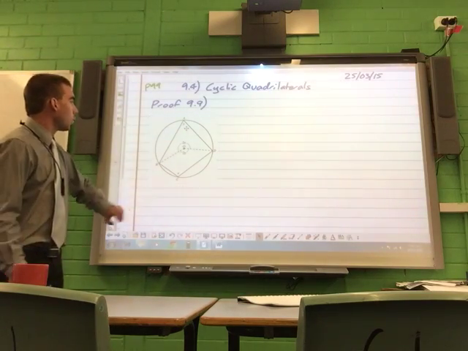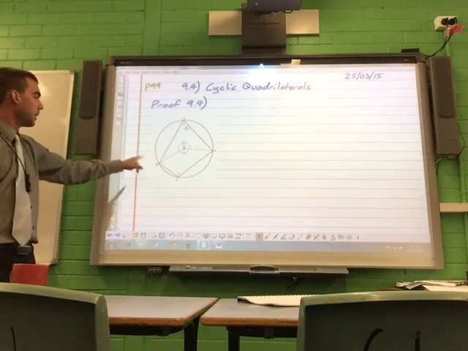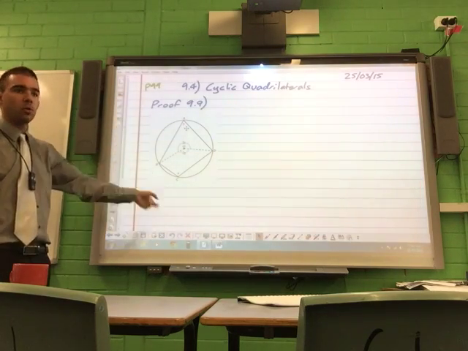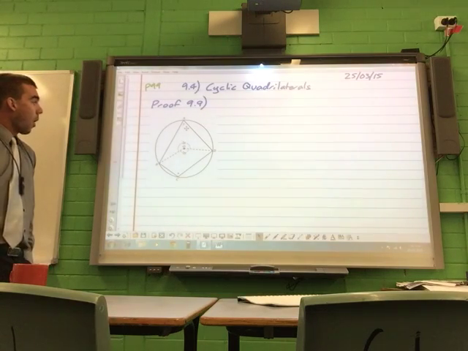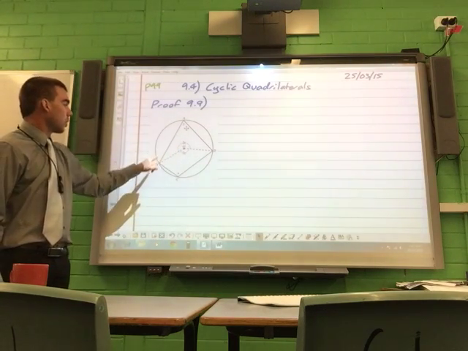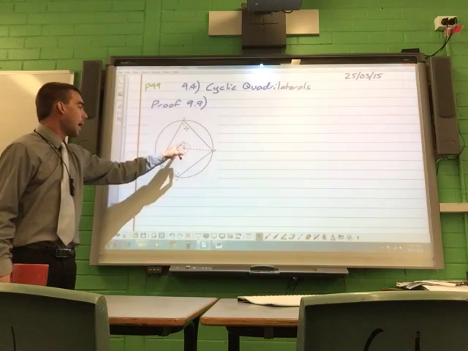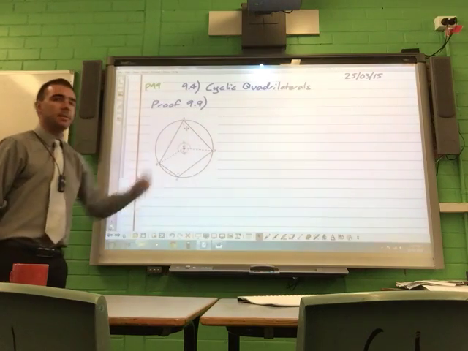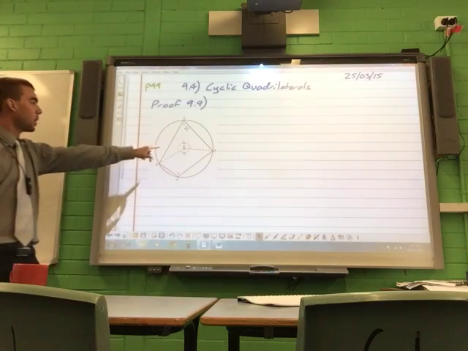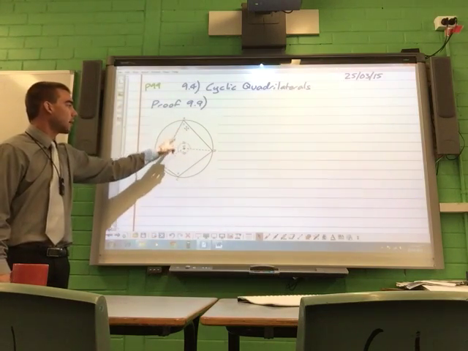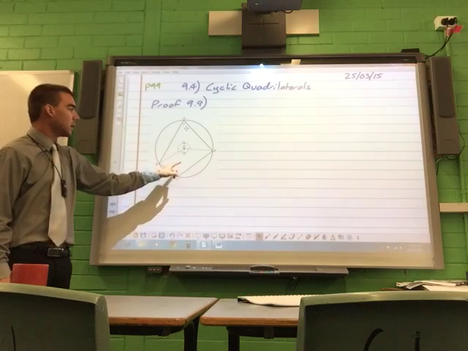Okay, so we have a cyclic quadrilateral A, B, C, D, because they're points that lie on the circumference of the same circle. We've got the centre point of the circle, and we've joined the intervals BO and OD. From a previous property, if we had the angle here 2x, then we had the angle down here of x.